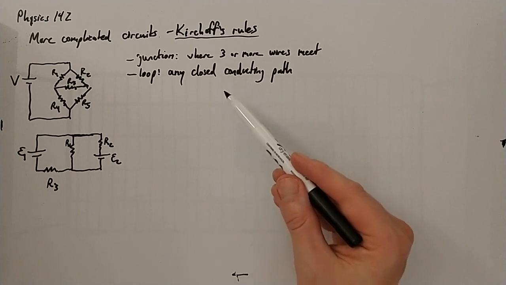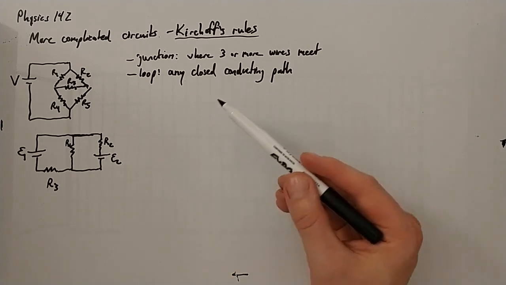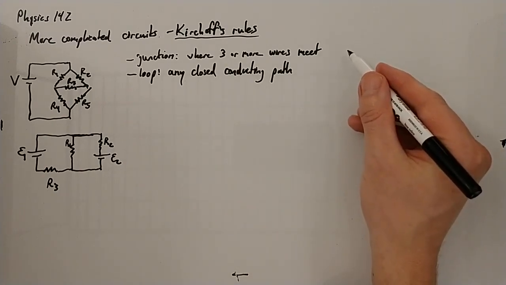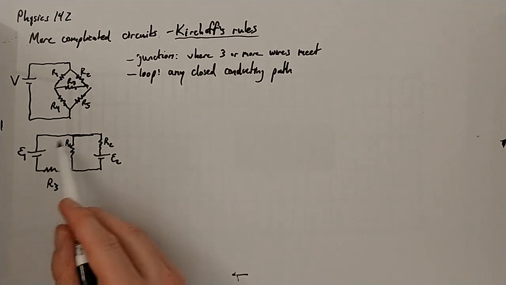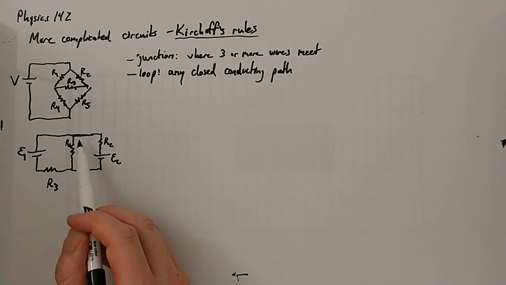So Kirchhoff's rules, basically there are 2 of them: Kirchhoff's junction rule and his loop rule. His rule for junctions is this: if you add up all the currents going into and out of some junction, you should get 0.